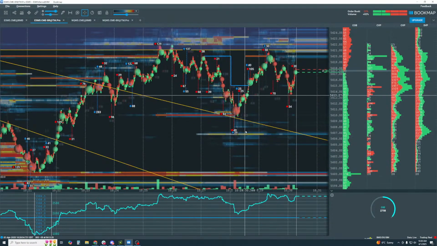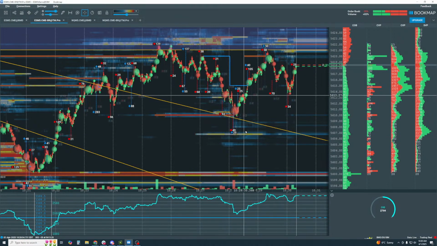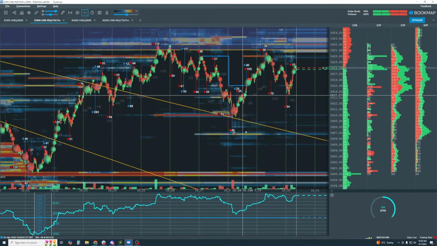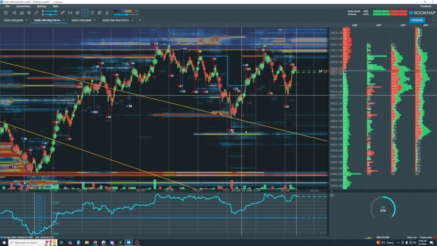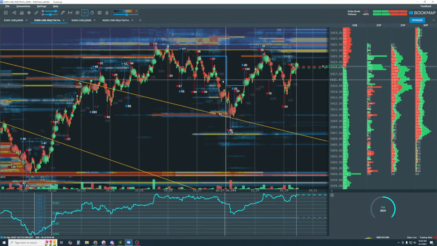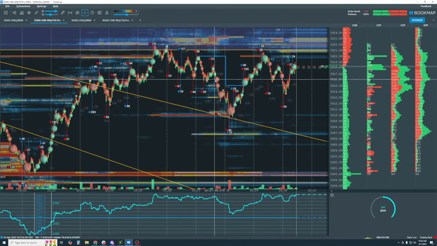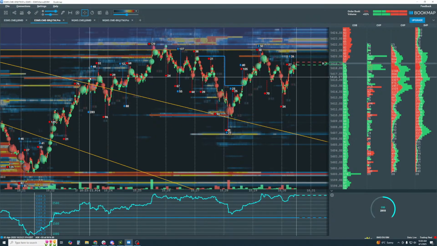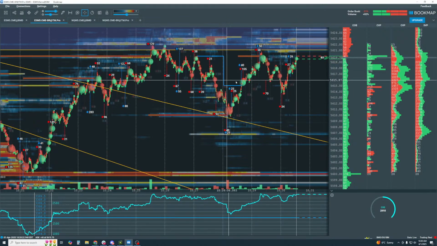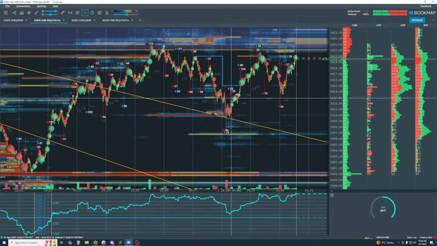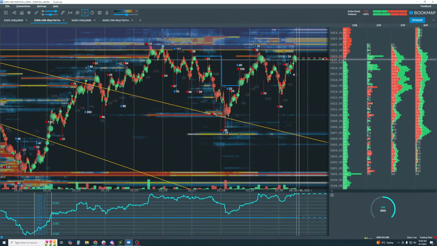Okay, pretty choppy here. Kind of the line in the sand seems to be right here around the 16 level. We had that high liquidity filled here, and we have buyers above it, sellers below it, buyers back up above it.